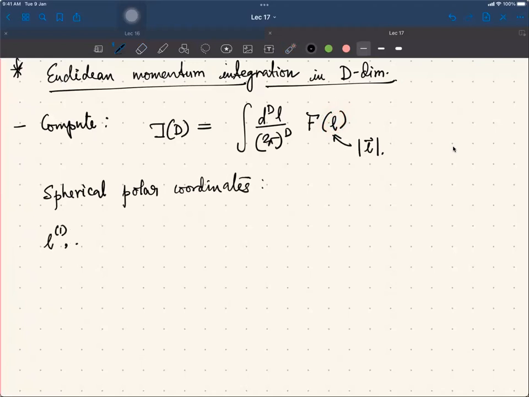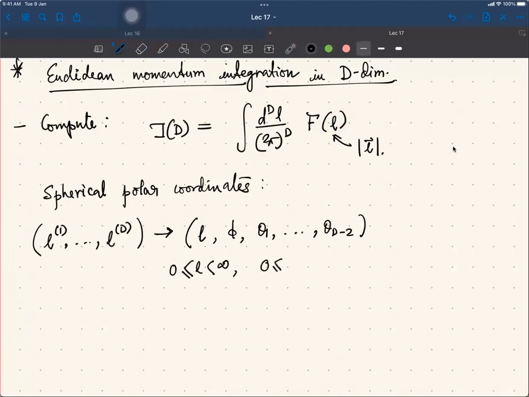So these are the Cartesian components of this L vector, L1 to Ld in d dimensions. Then from there, you go to the spherical polar coordinates, where L is the magnitude, and then there are d minus 1 angles. One of them is phi and the rest are thetas. The range of L is 0 to infinity.